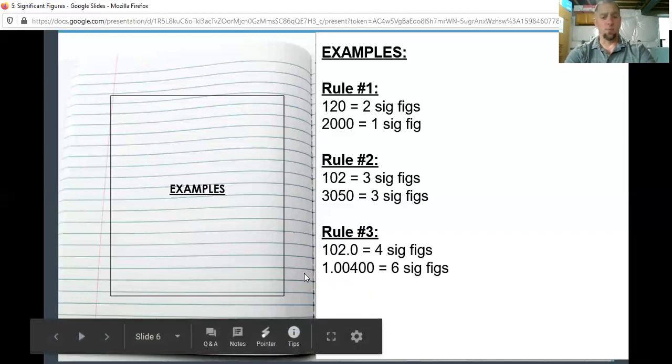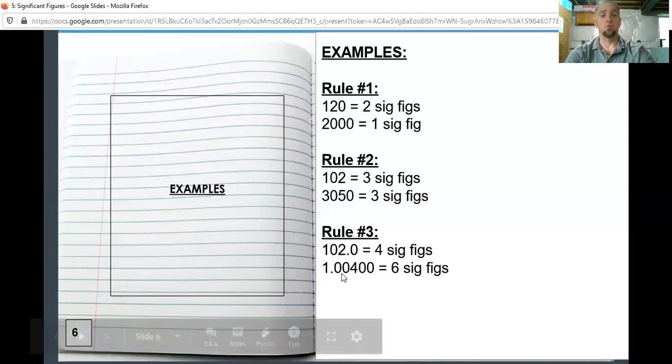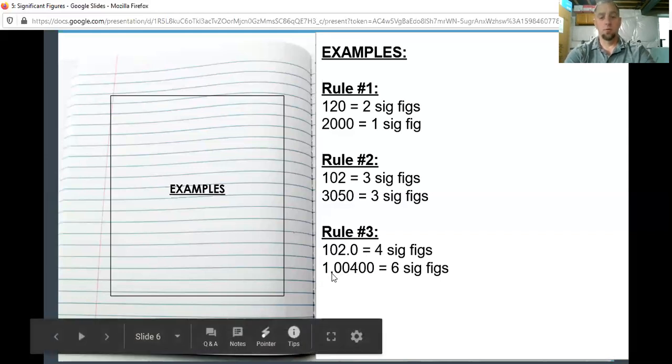Same within this example, right? We have 1 and 4 1,000ths. So even though we don't have a measurement or any non-zeros here, these zeros are to the right of the 4 and to the right of the decimal point. That makes these 2 zeros significant, again, telling us how precise our measurement was.